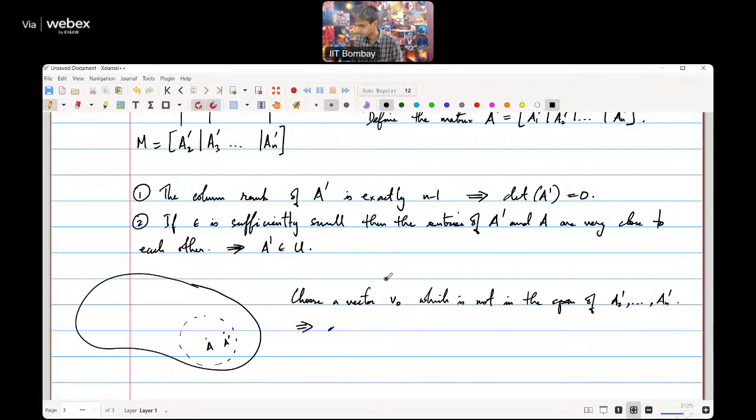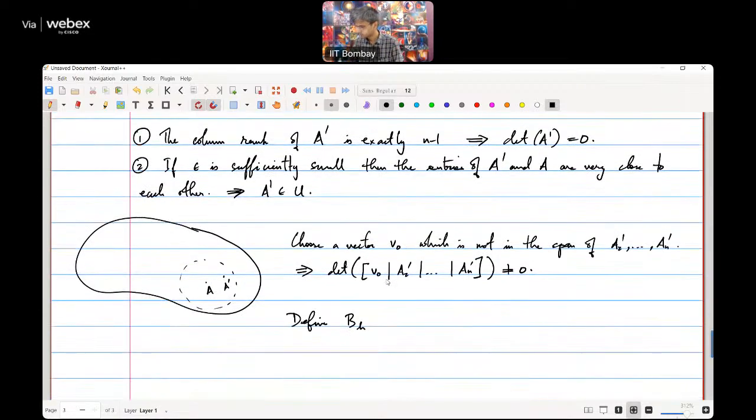So this implies that the determinant of this matrix, where we place V0 in the first column, A2 prime to An prime, is not 0. Okay. So now we define this matrix BH to be equal to A1 prime plus H times V0, A2 prime, A3 prime, and so on.